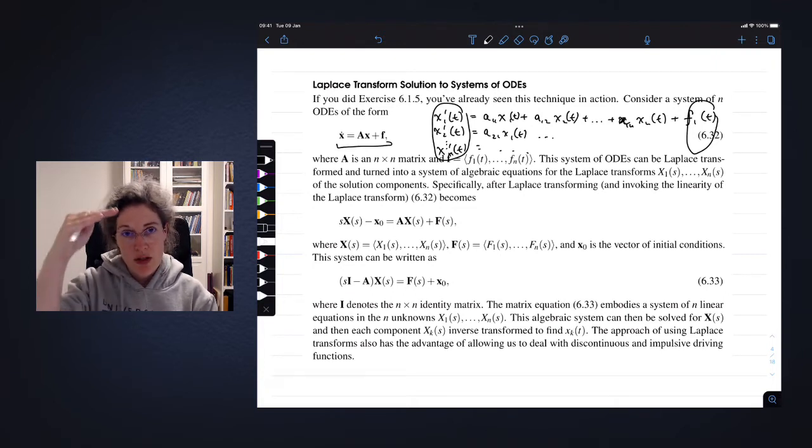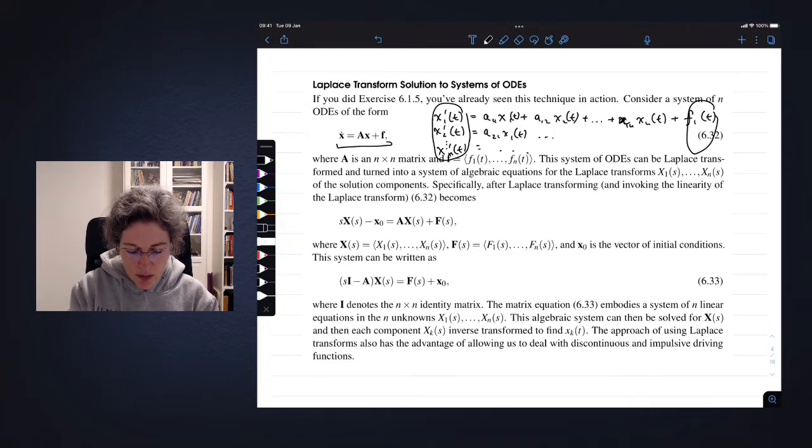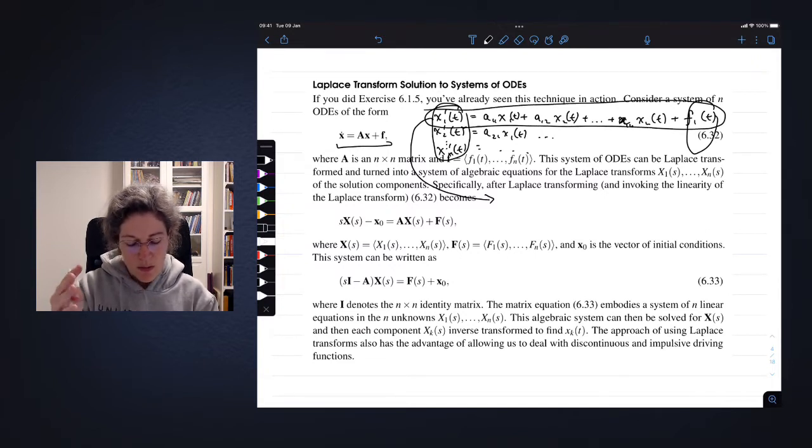But it is really just n differential equations, so there's no reason why we can't just take the Laplace transform of each of those. So if you think about what happens if you take the Laplace transform of, for example, this first equation here, we know that x1 first derivative with respect to time, if we take the Laplace transform of that, then we get s X1(s) minus x1(0).